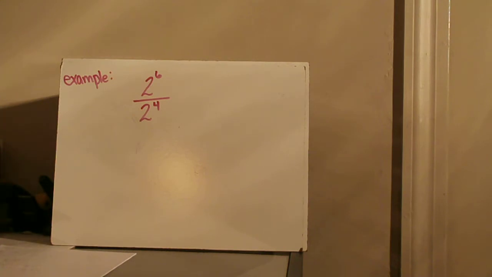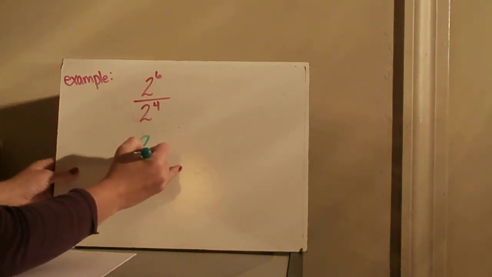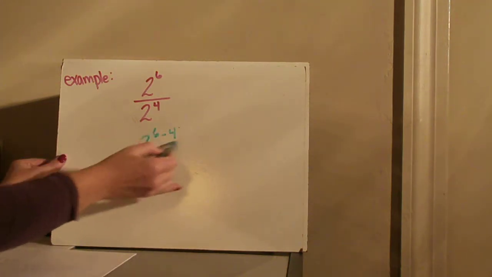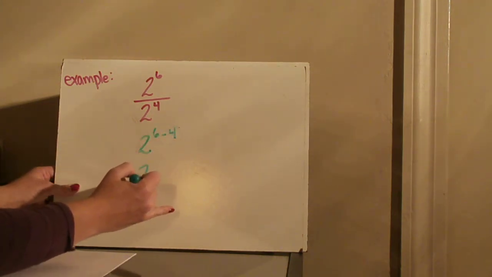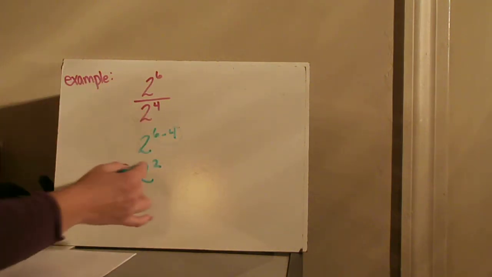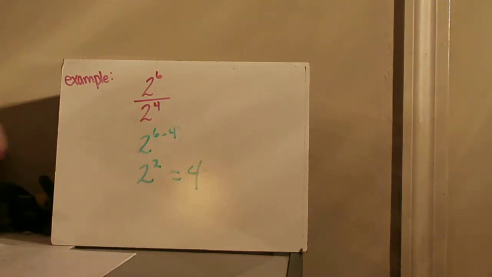So if we had 2 to the 6th divided by 2 to the 4th, this can be rewritten as 2, and we subtract those exponents. So 6 minus 4, we get 2 to the second power. And so now we say, well, 2 squared is 4.